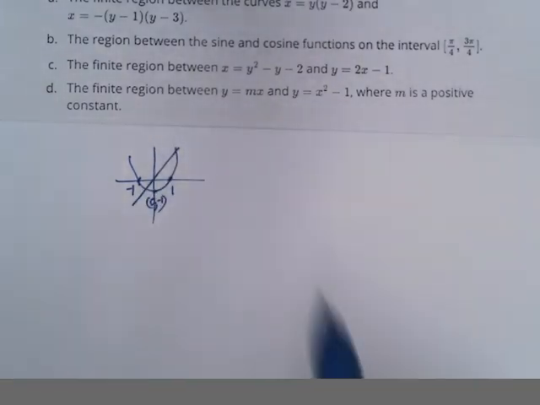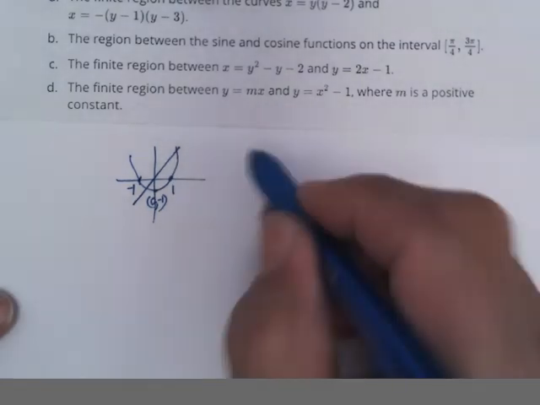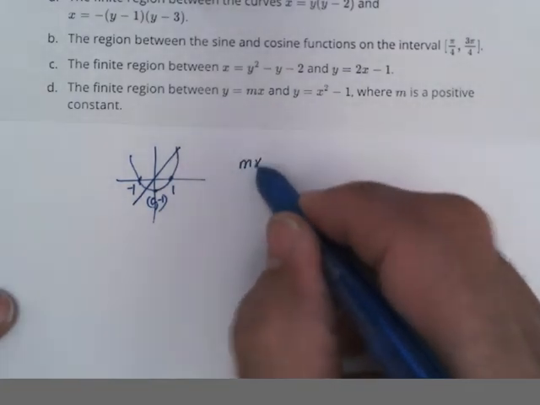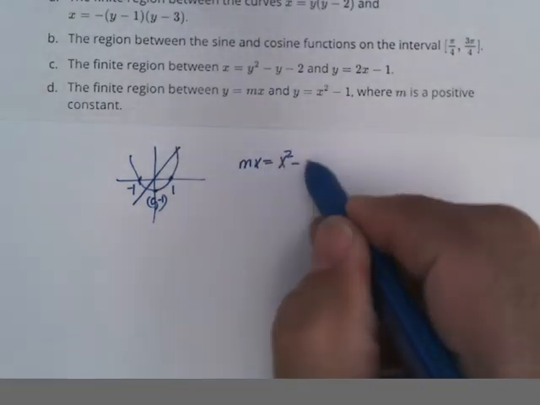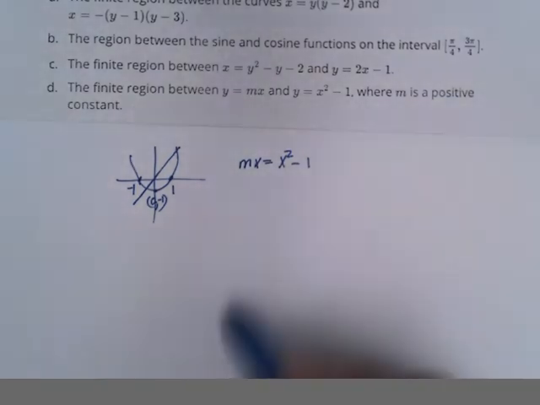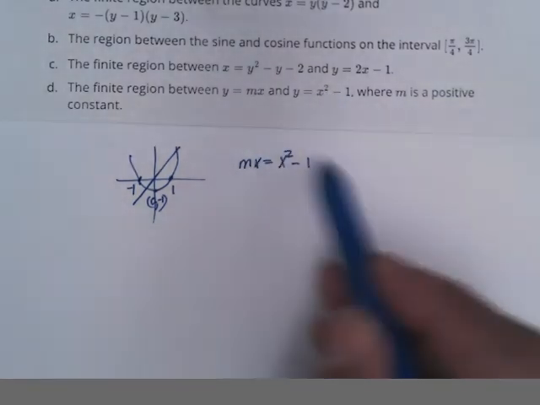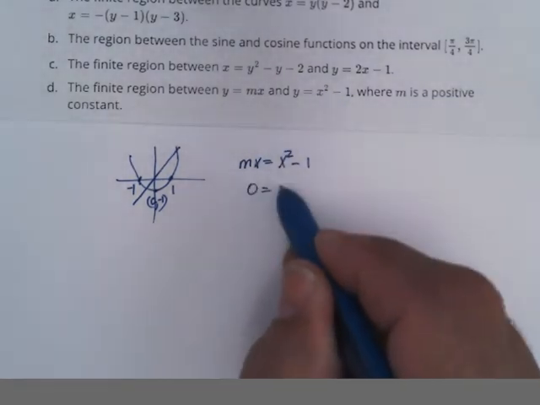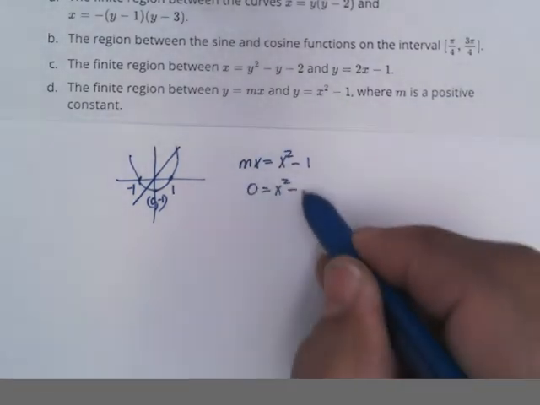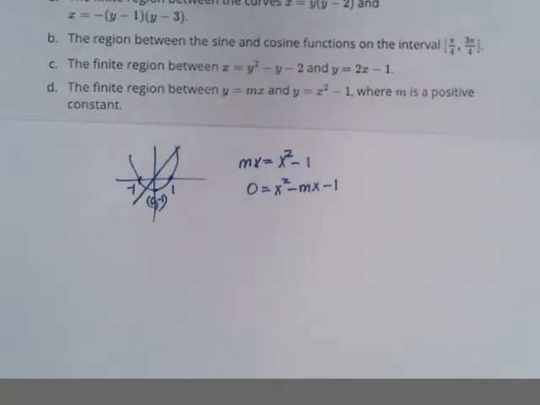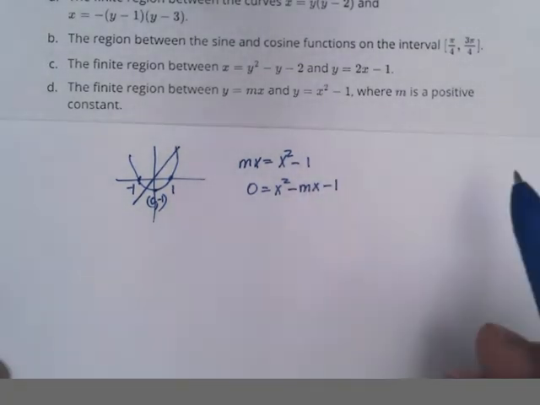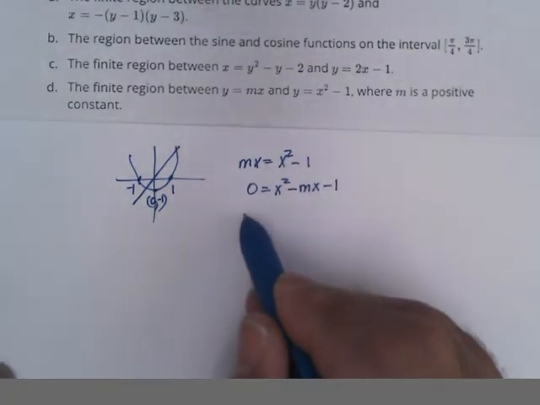Now we normally try to find out where they intersect, so we say mx equals x squared minus 1, setting these two equal. Subtract mx and we get 0 equals x squared minus mx minus 1. And since we don't know m, we can't factor, so we use the quadratic formula.